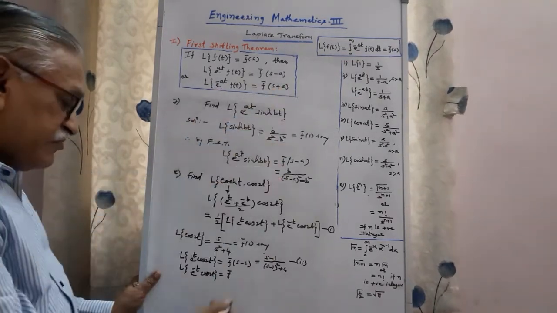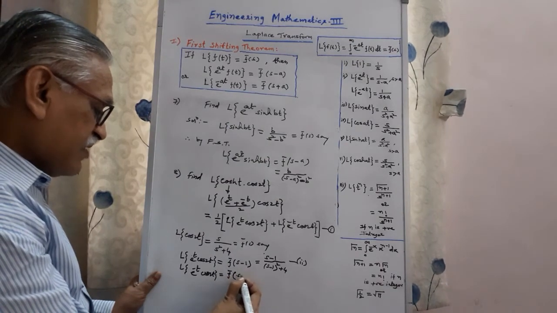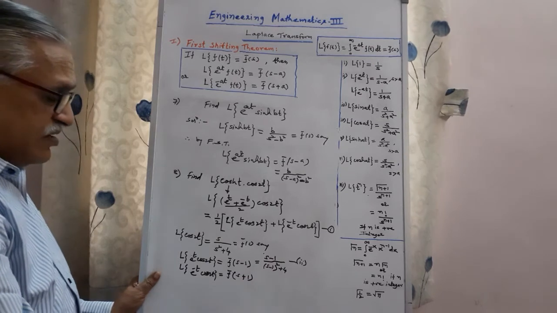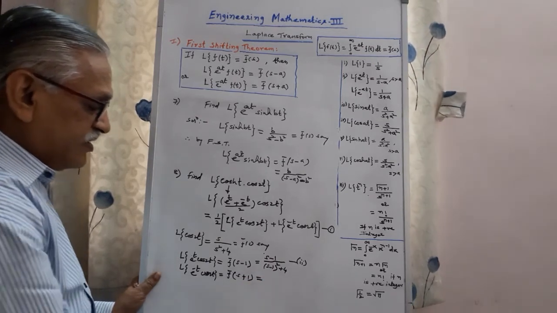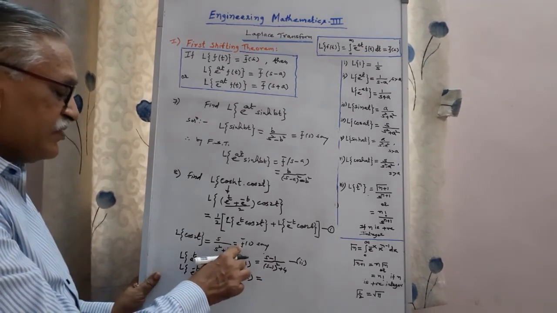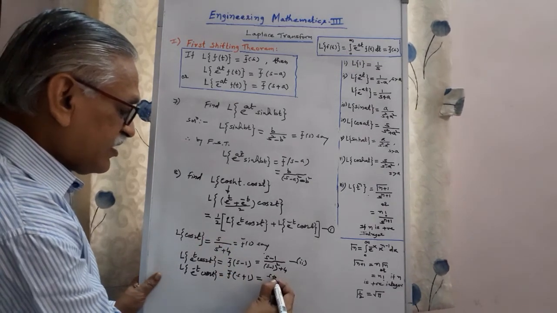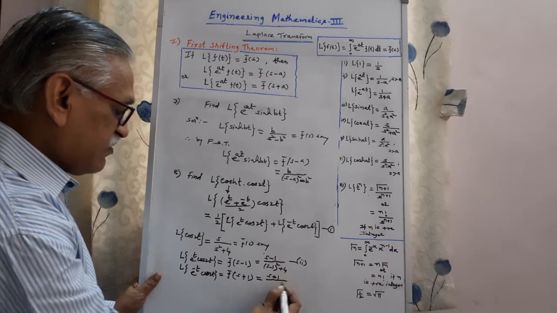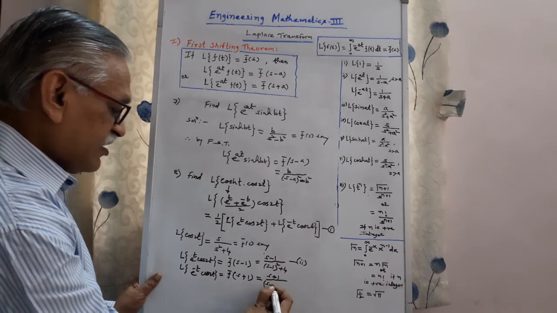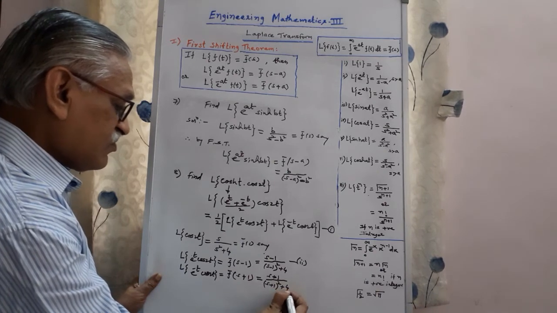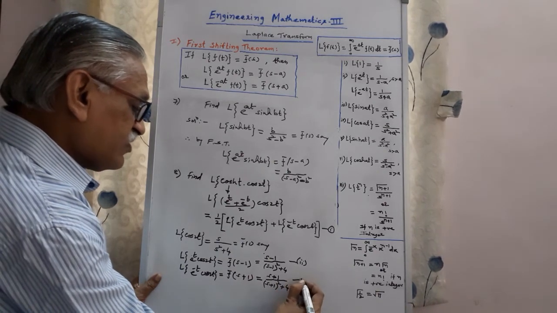Here a is 1, and replacing s by s plus 1 throughout, we get s plus 1 divided by s plus 1 whole square plus 4. We call this equation 3.